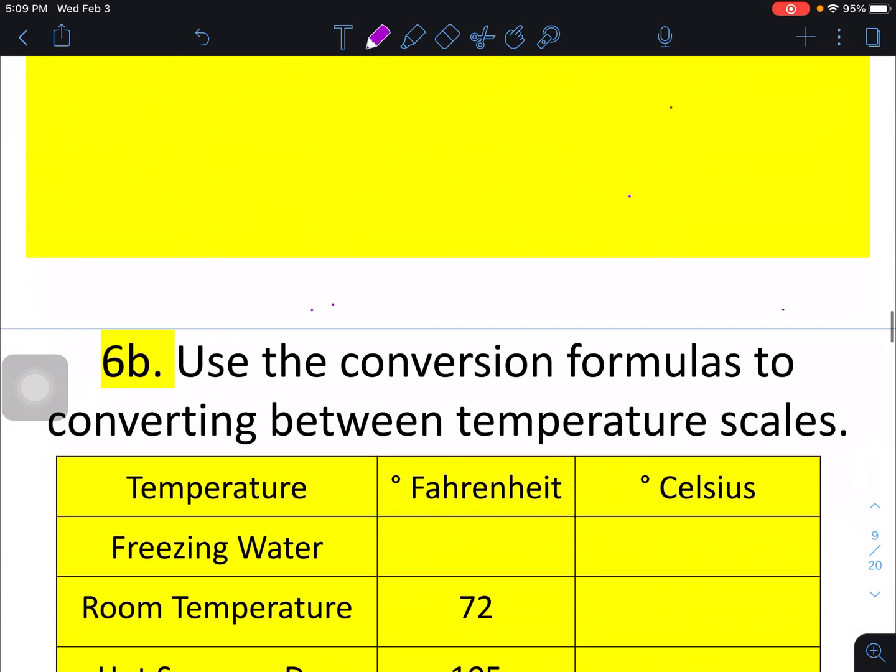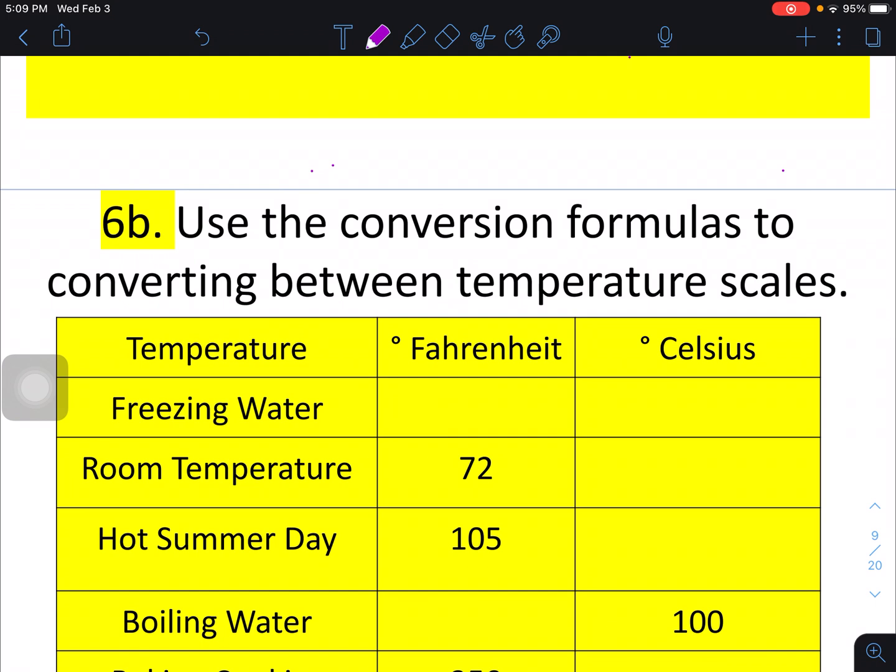So let's take a look at a couple of examples here. The first one, freezing water, Fahrenheit is 32. I'll just tell you that, and you need to convert that to degrees Celsius. But let's do the second one. Room temperature is 72 degrees Fahrenheit.